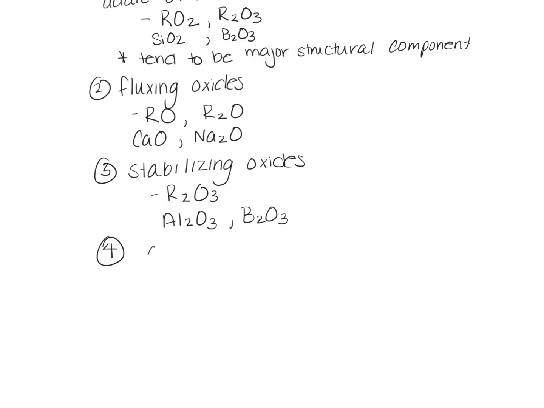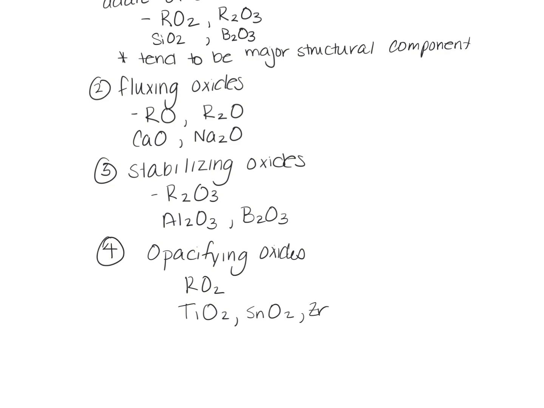And 4, they can be opaquifying oxides. And these would be things like RO2, which would be things like titanium dioxide, tin oxide, zirconium dioxide. And we're going to talk about each of these categories on the next few slides.